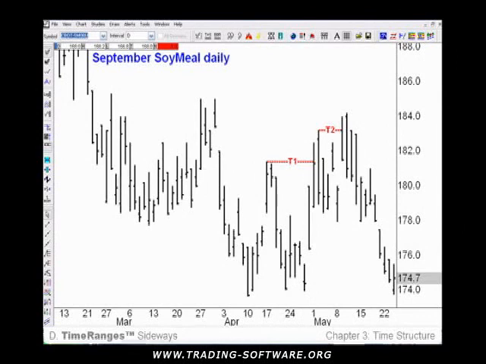That's the real way to use time range analysis. But the secondary way is also quite helpful in other situations, as we'll talk about later, especially very sideways types of formations. So that's the time structure of the market, which is time range, and more specifically time range comparisons.